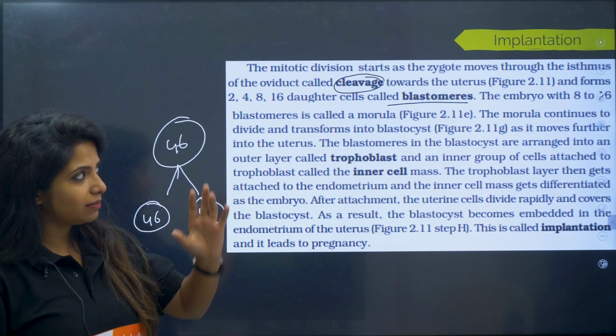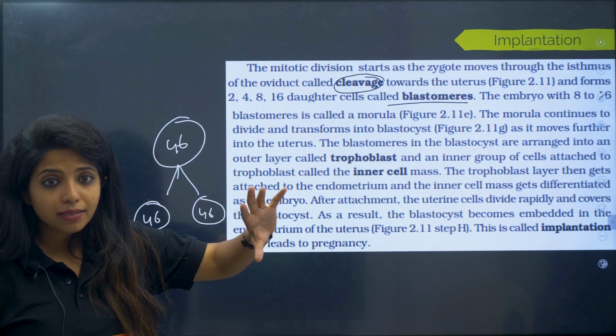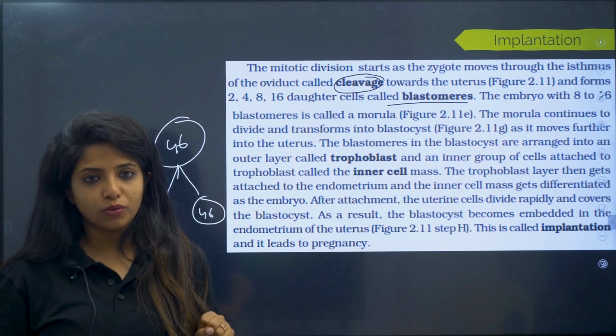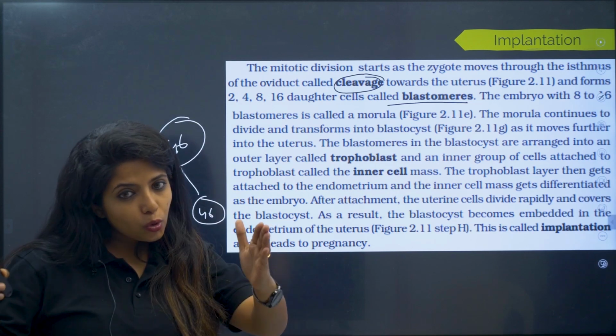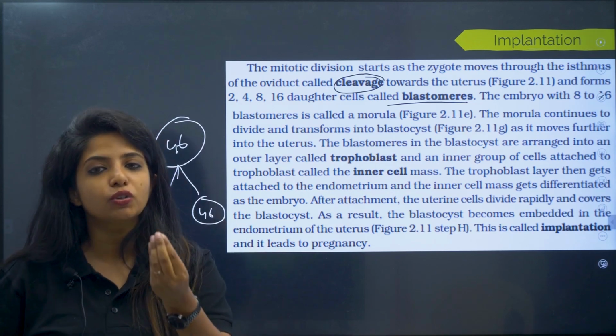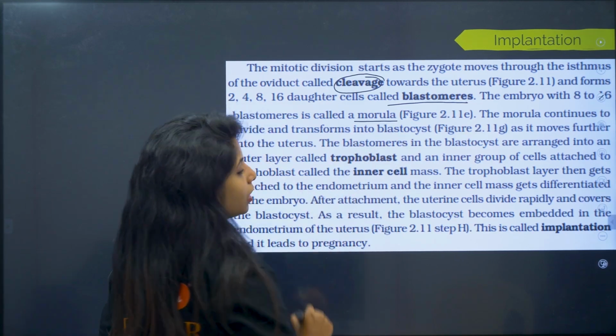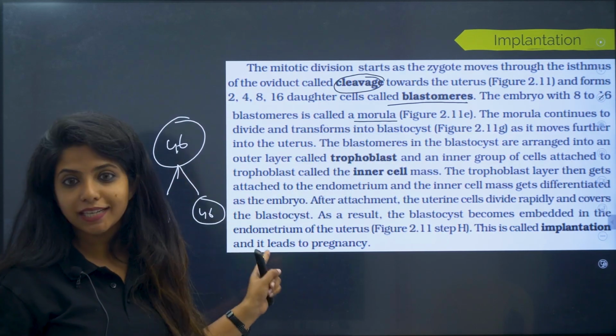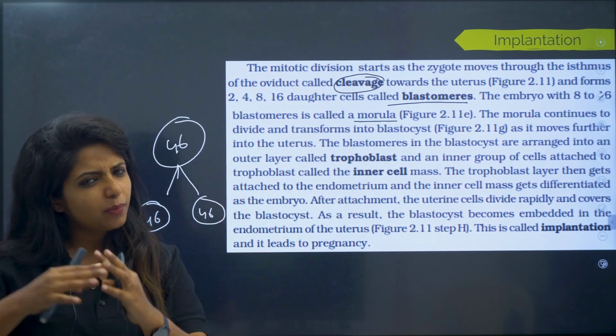Now, they are saying there is a stage in the embryonic phase, where the embryo will be having 8 to 16 blastomeres. Now, during this phase, the embryo has a separate name. What do you call it? You call it morula. How many blastomeres do they have? 8 to 16, double the 8 is 16.